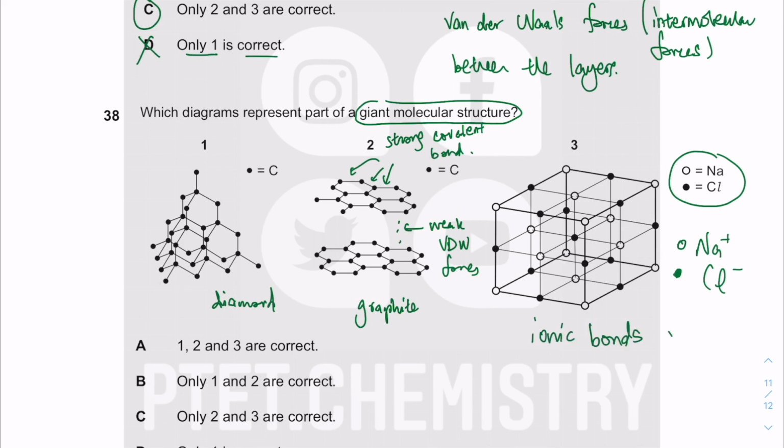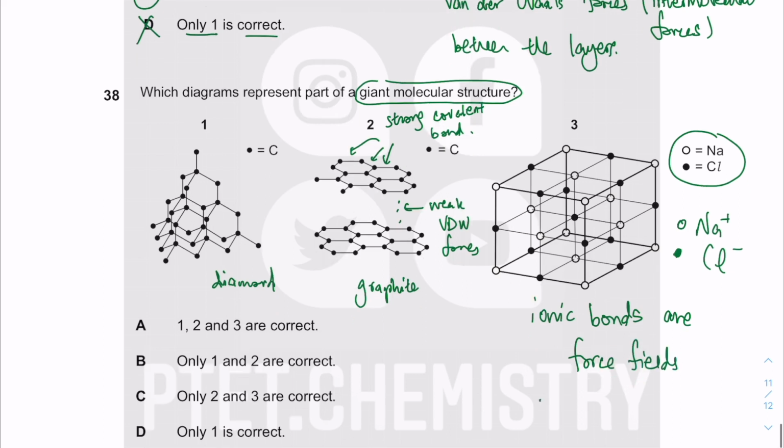Ionic bonds are a force field, not countable, unlike covalent bonds. This kind of structure simply shows that each Na+ is surrounded by 1, 2, 3, 4, 5, 6 anions, and each anion is surrounded by 6 cations. Alright? So this is a giant ionic structure, and it is not giant molecular. Giant molecular for diamond, giant molecular for graphite. Only 1 and 2 are correct.